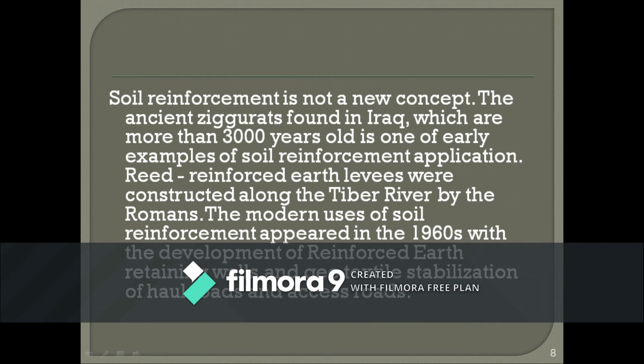What is reed? Reinforced earth levees. These were constructed along the Tiber river so that you can have an embankment there. The modern uses of soil reinforcement appeared in the 1960s with the development of reinforced earth retaining walls and geotextile stabilization of haul roads and access roads.